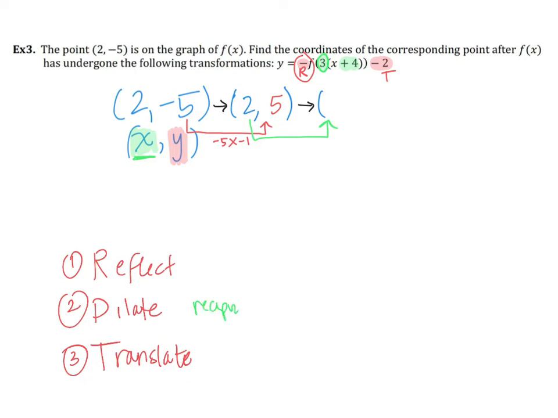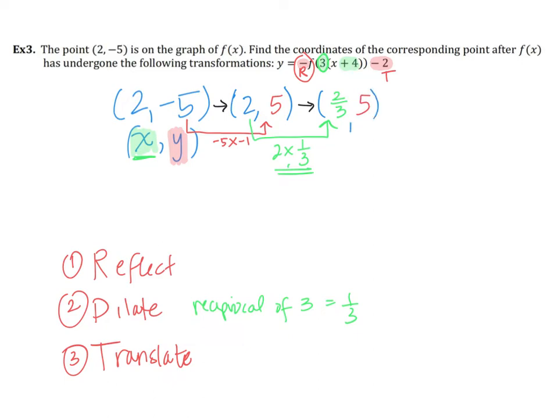So if it has a factor of 3 in front of that x plus 4 quantity, I don't multiply my 2 by 3, but instead I multiply by its reciprocal. The reciprocal of 3 is 1/3, so I'm going to multiply 2 times 1/3. So 2 now becomes 2/3, and the 5 just stays the same because there was no impact to my y value.